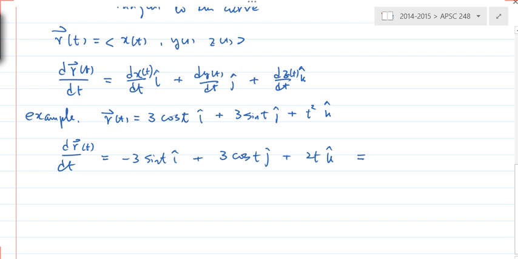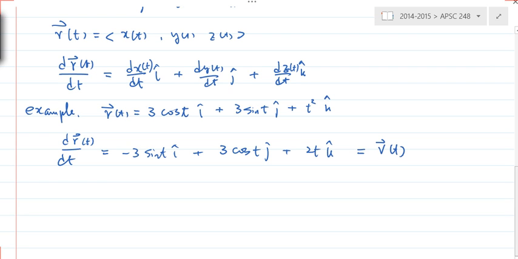Now if I relate this mathematical expression to a physical meaning: r of t, remember I called it the position vector, represents the position of a certain point in 3D space. The derivative of position naturally should give us velocity. We don't call it speed though, since speed is a scalar quantity and velocity is a vector quantity.